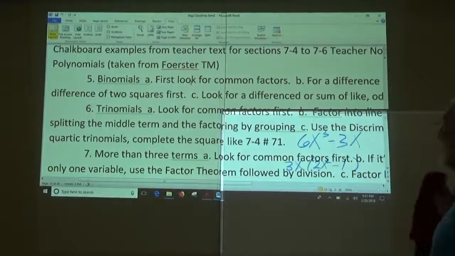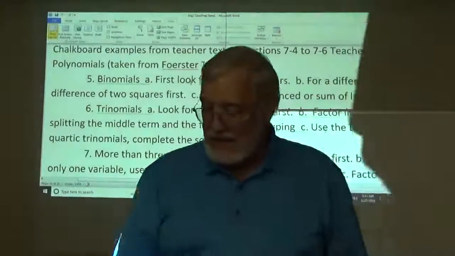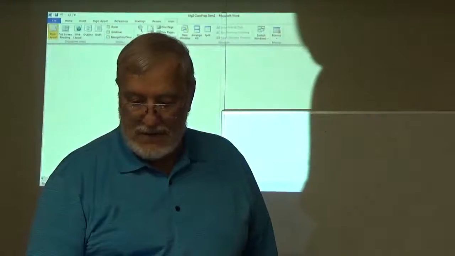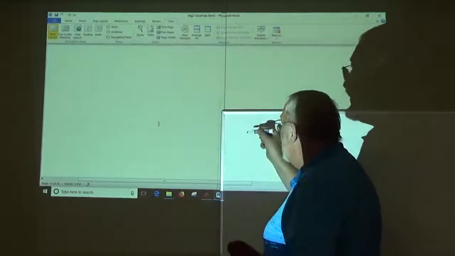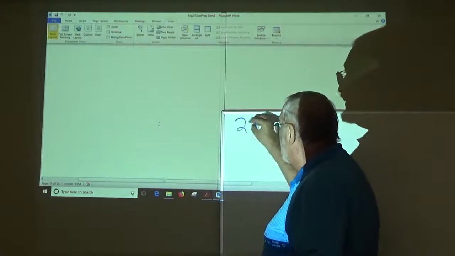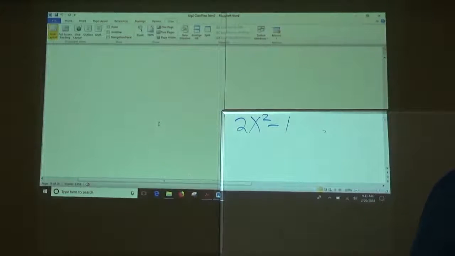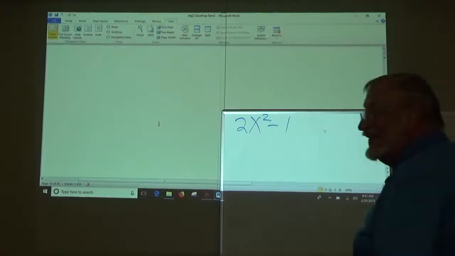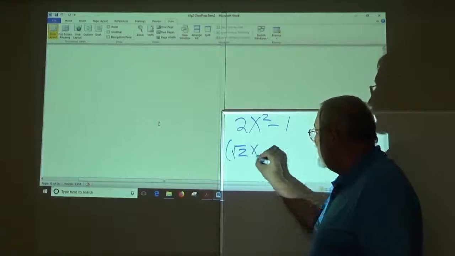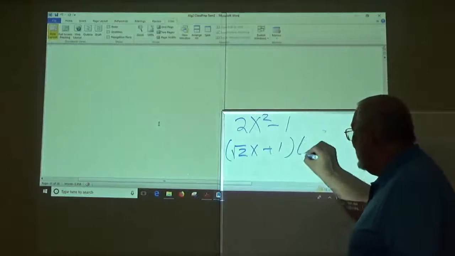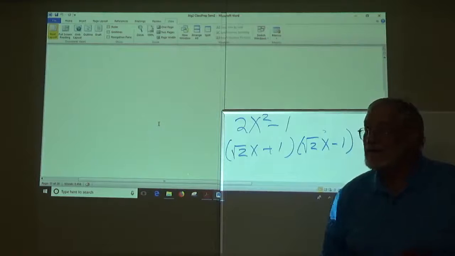Okay, I was going to do this a little bit later, so let me ask you. Is 2x squared minus 1 a difference of squares? The answer is yes, it is, because this is the square root of 2x plus 1 and the square root of 2x minus 1.